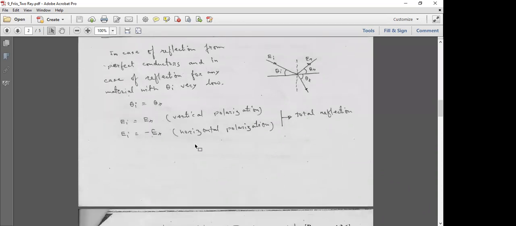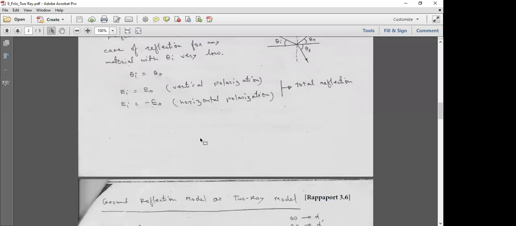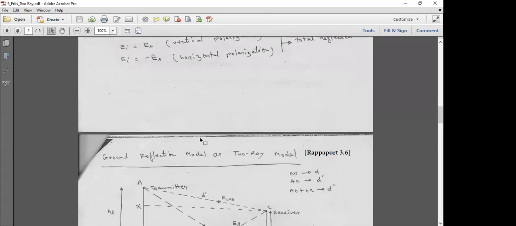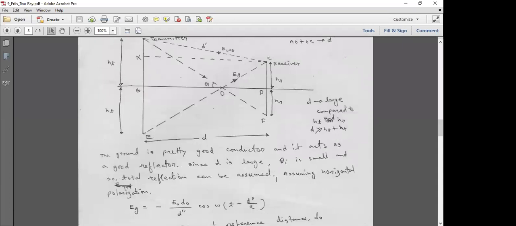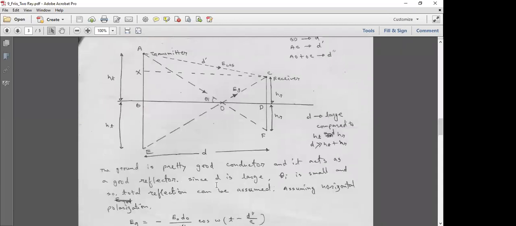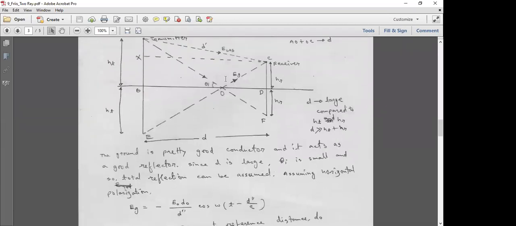To match with the derivation in the book of Rappaport, we consider horizontal polarization. So there will be a change of phase by 180 degrees.